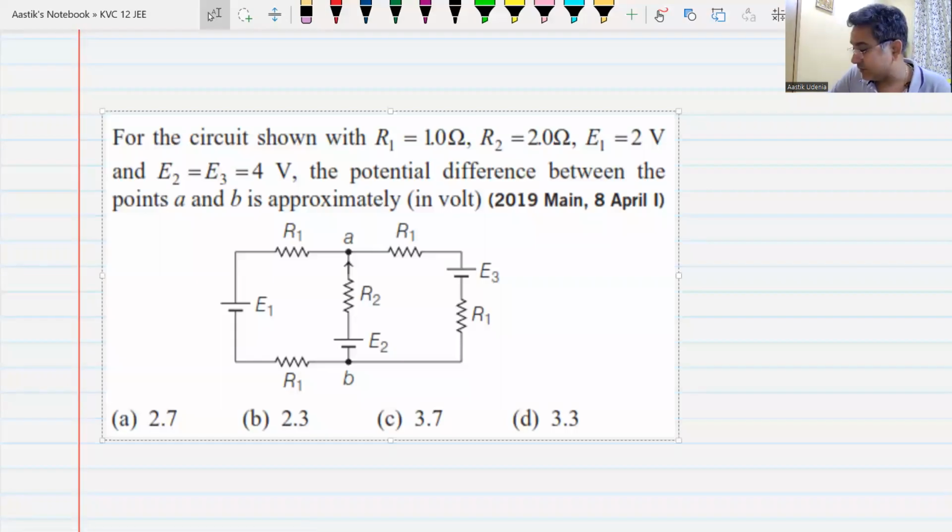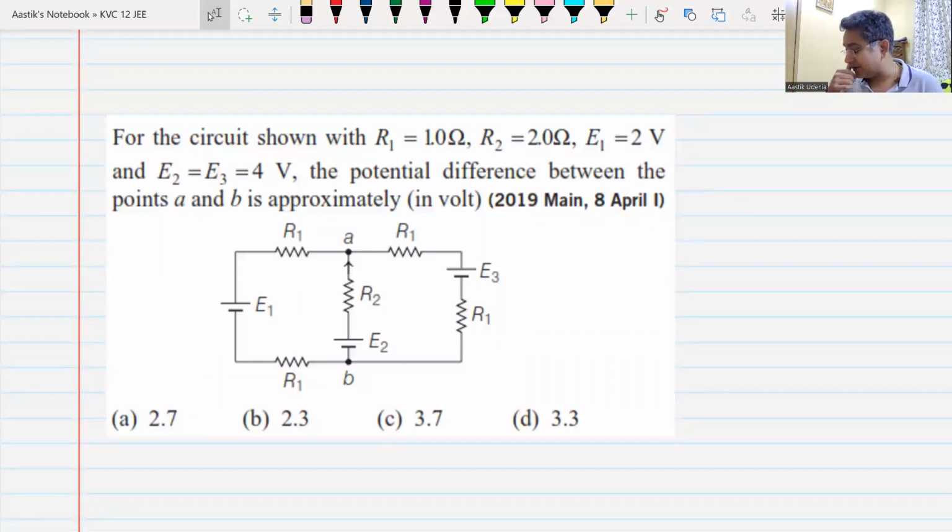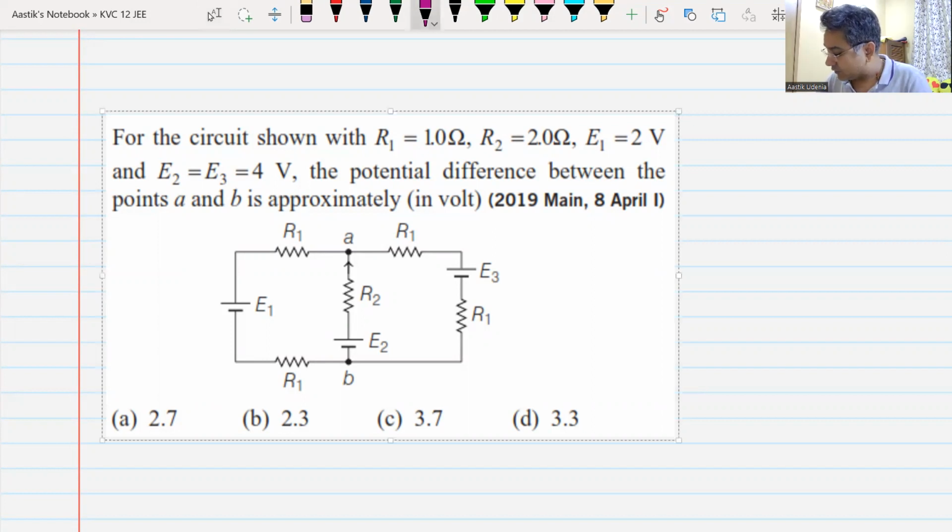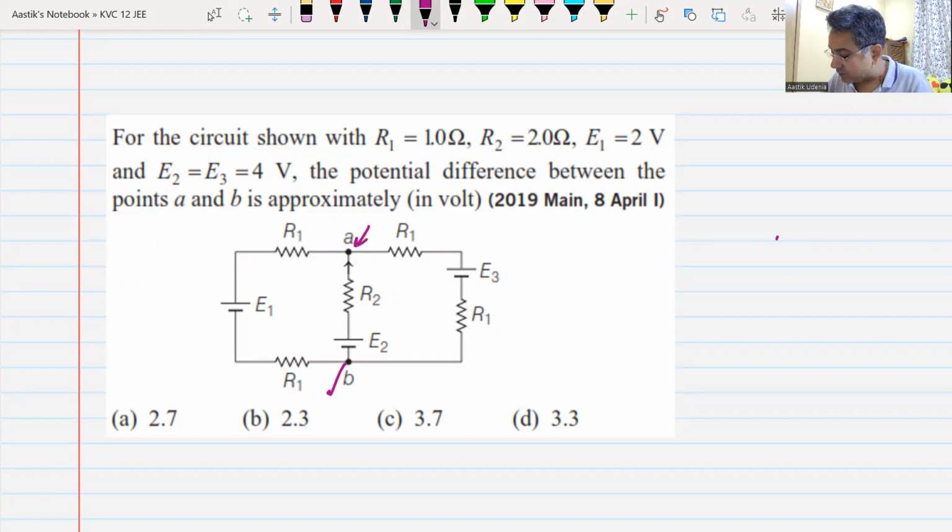So you can see and get the answer for the circuit shown in the figure. Some values are given and they are asking you to find the answer. Let us first find, let me call this point ground and let me call the potential V. Let me find out the value of V. What is the value of V?